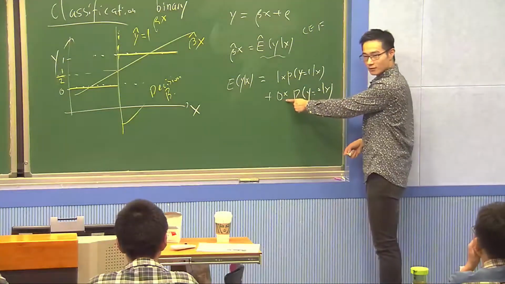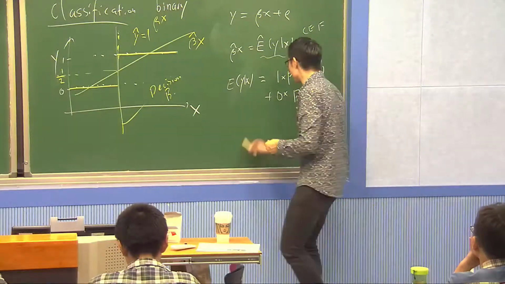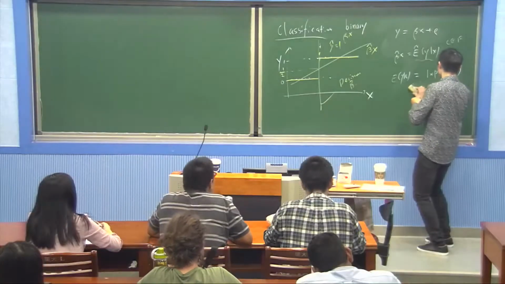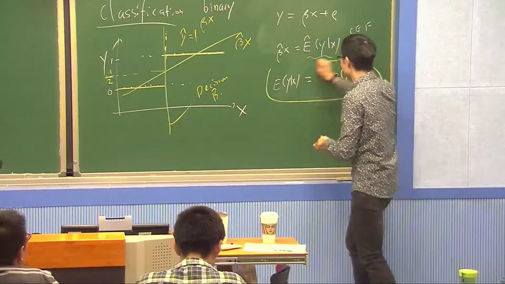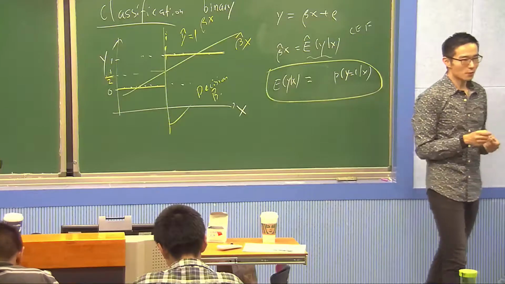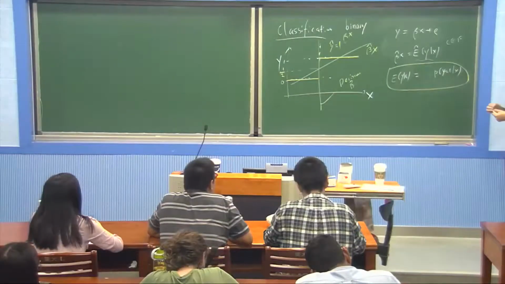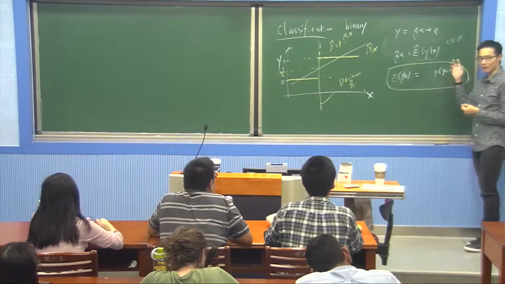But this second term is just 0. So what is it equal to? So for y equal to 0, 1, the CEF, the conditional expectation function, is basically the probability of y equal to 1.